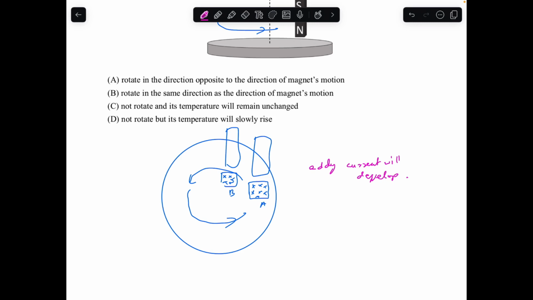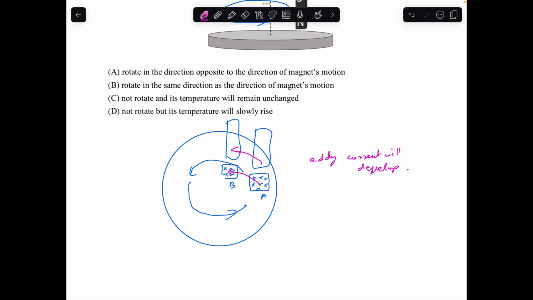Now at A the magnetic field is decreasing and the magnet is moving this side. So what will A try to do? A will try to move to this place, because it doesn't want any change in magnetic field. Try to understand. Initially it was just above A, so through A there is a magnetic field. Now it goes to another point, so A will also go to that point because through this cross section, it wants that magnetic field should not change because of eddy current.